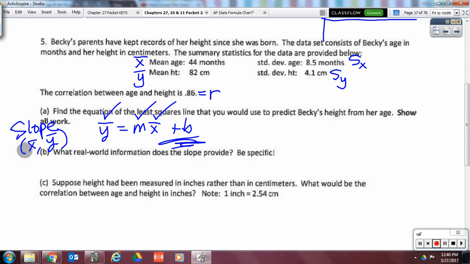Solve for the Y-intercept. That is how you get the equation of the line based on that information, okay? We haven't done that a ton, but you need to remember that.